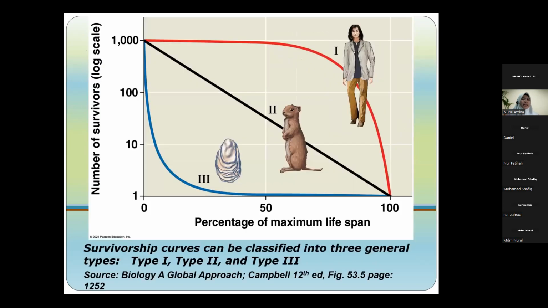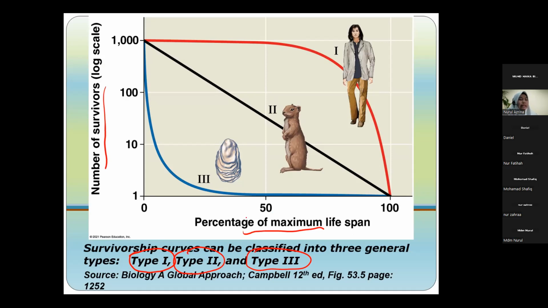Okay, so there are 3 types of survivorship curve, right? Type 1, type 2, and type 3. So please take note on the way of writing the survivorship curve. Type 1 survivorship curve, type 2 survivorship curve, and type 3 survivorship curve. Alright, and you can see the shape. Look at type 1. Kita tengok this is number of survivor and this is age.